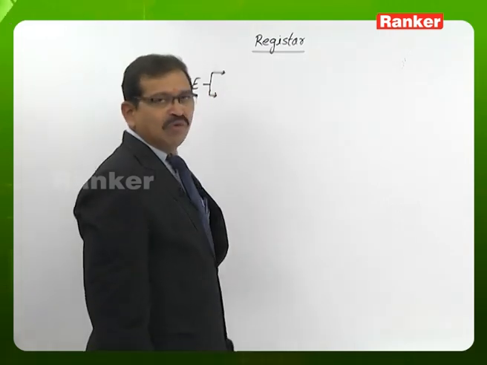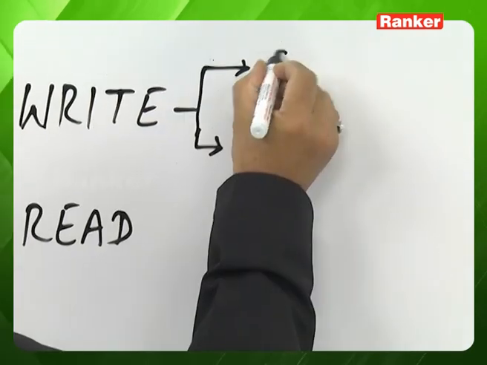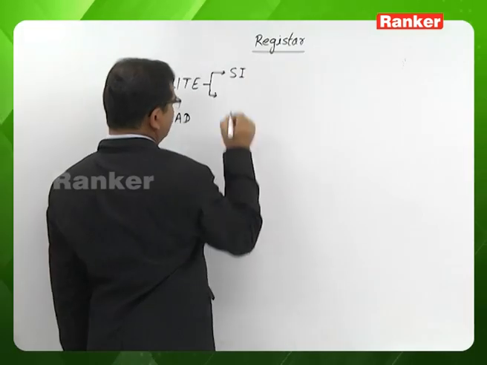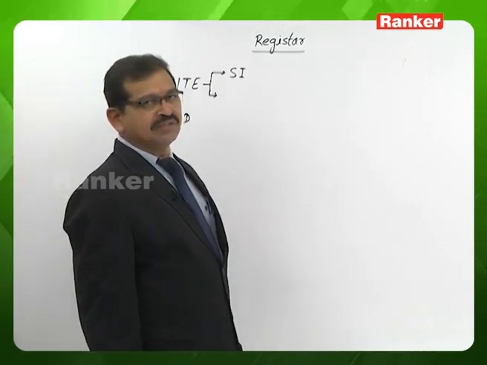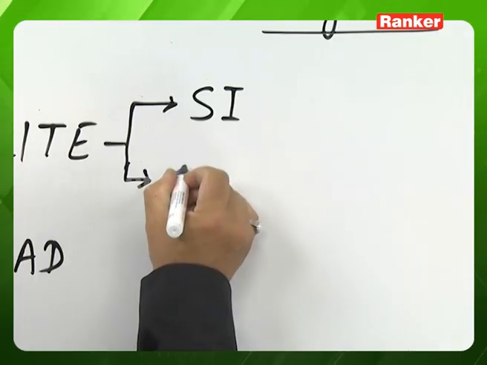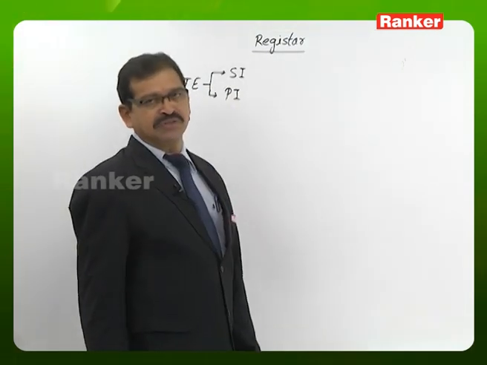If we are writing only one bit at a time into the device, such an operation we name as serial input operation. It may be possible to write all the bits simultaneously into the device. Such an operation we name as the parallel input operation.